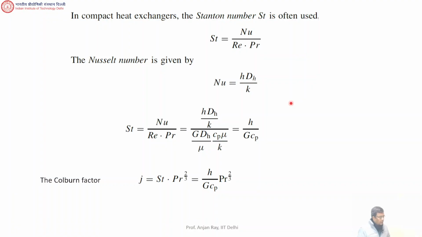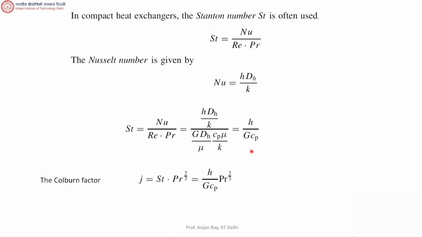It is also equal to H divided by GCP, so H divided by rho V CP. That's Stanton number. So Stanton number is another form in which you can bring in the heat transfer coefficient.